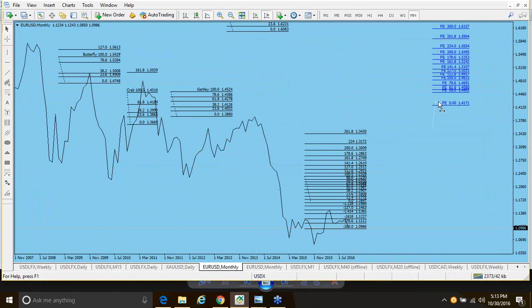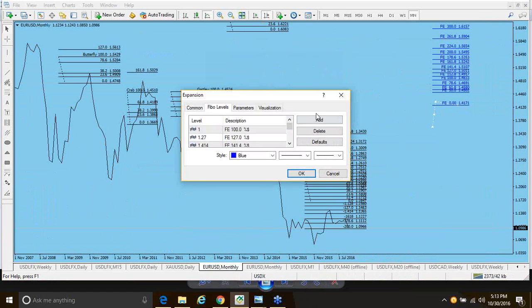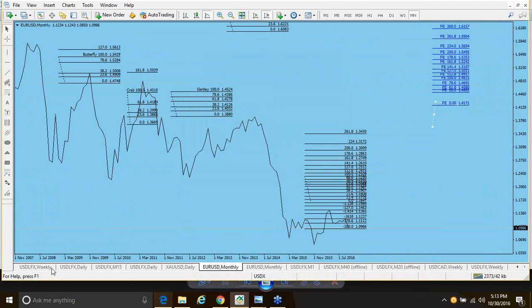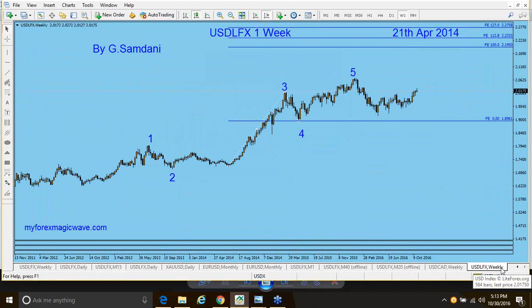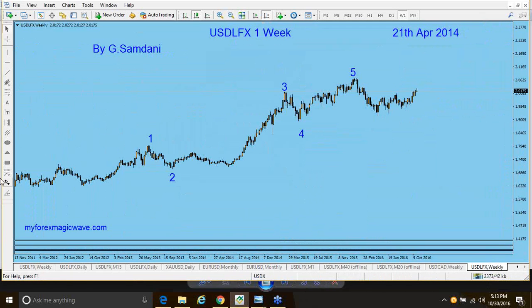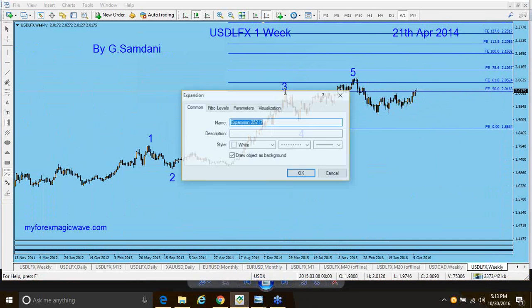Oh, right here. Let me grab this one here. Okay, and then all right. So I'm going to take this one out here, and then draw it again. All the levels.